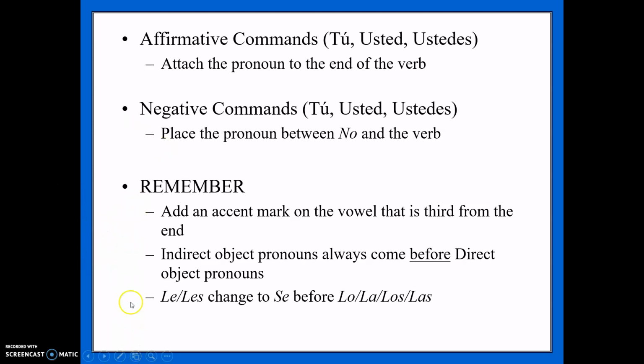So these are just some things we also need to remember. You have to add an accent mark on the vowel that is third from the end when you are attaching it to the affirmative command. Indirect object pronouns always come before direct object pronouns. Le or les changes to se before lo, la, los, and las.